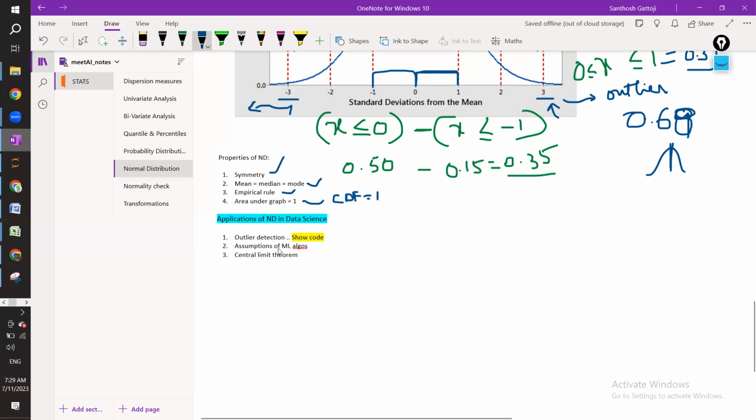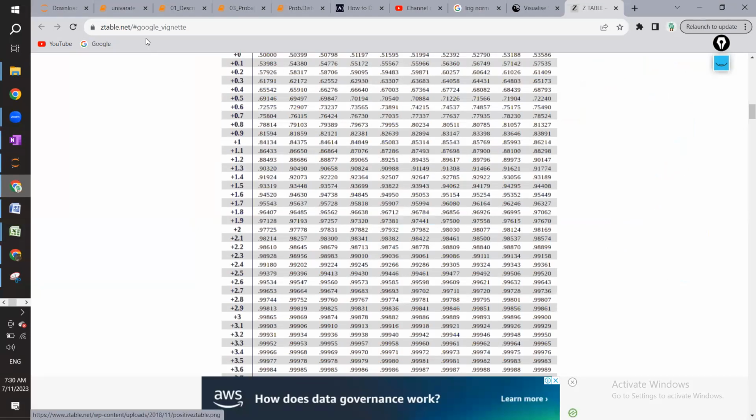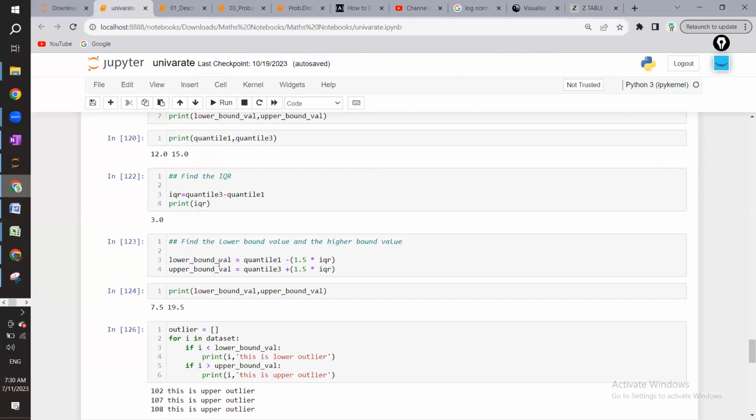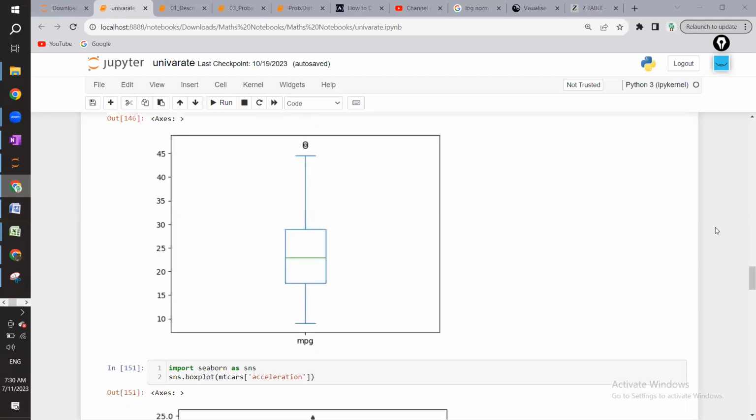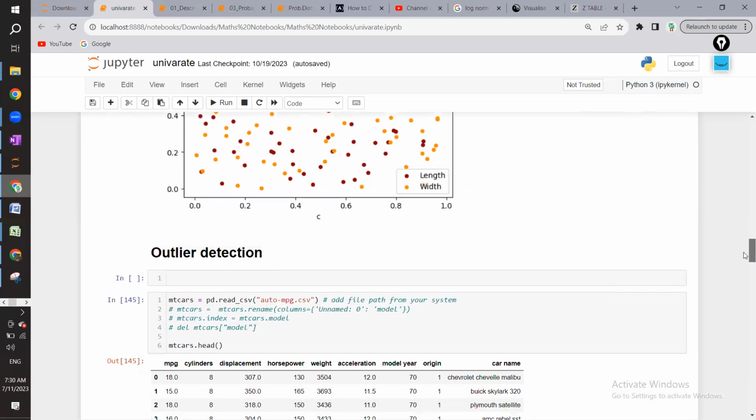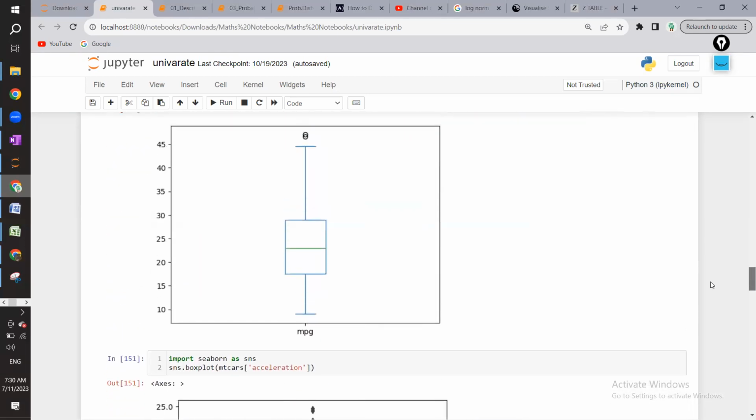But now we are going to see outlier detection. I hope we have already seen a few examples regarding outlier detection. If you remember, initially when we were discussing, I showed you box plots for outlier detection. These bubbles will be the outliers.